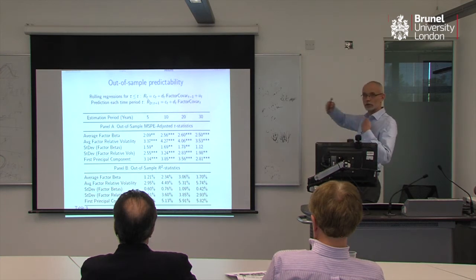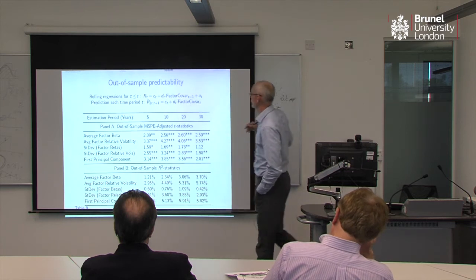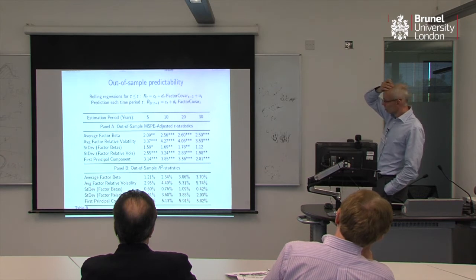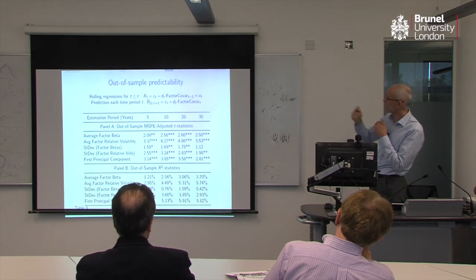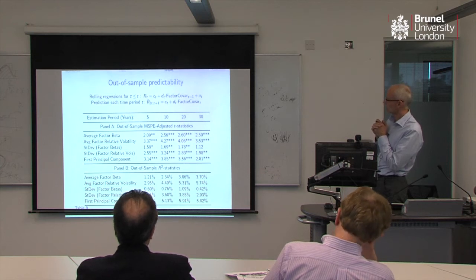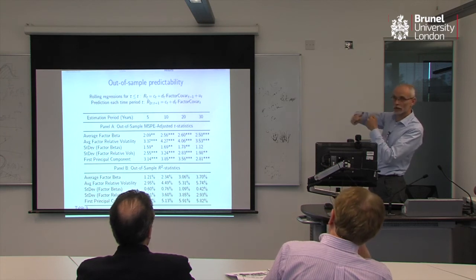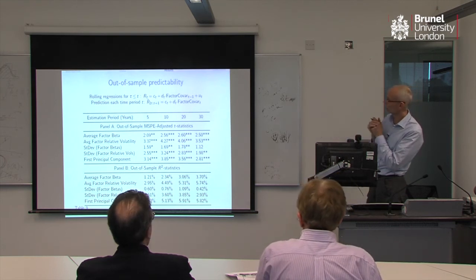This is doing rolling regressions, where we're estimating the coefficients on the predictor not using the full period, but using the period that goes up to the month before we predict the next month returns. And so we plug that in, we have the coefficient, we then plug that into the next month and compare the prediction with the average returns.